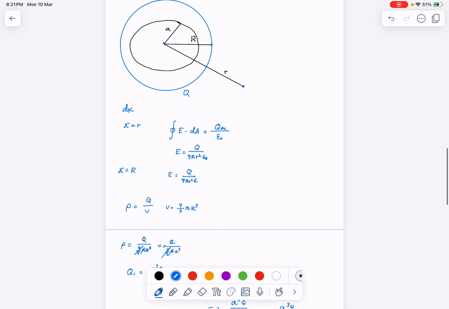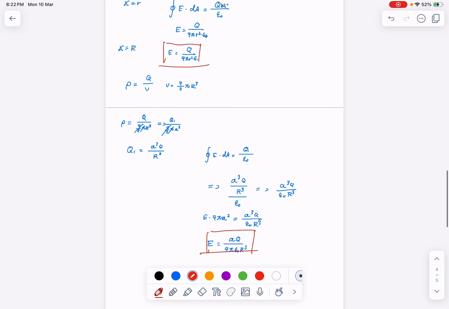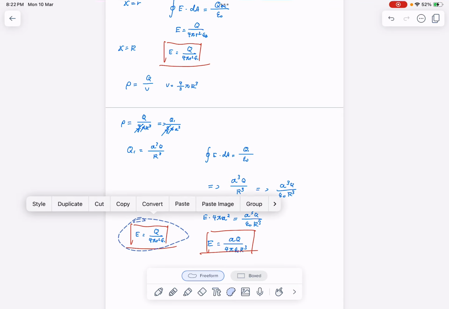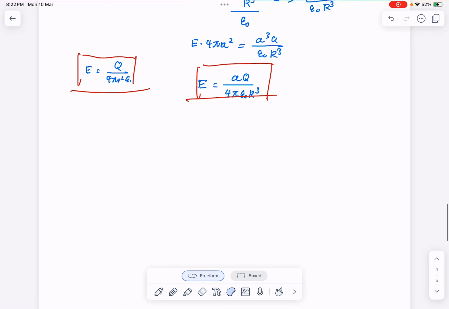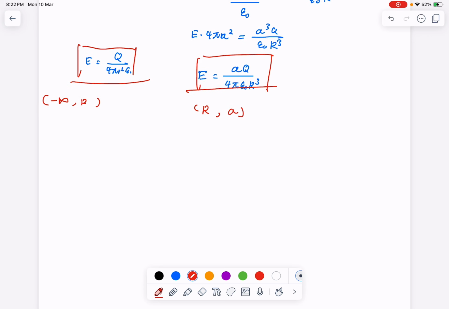And we have two electric field equations here. Then we duplicate that. We have two of them here. One is basically from negative infinity to R, and one is from R to A. So we have another integral.